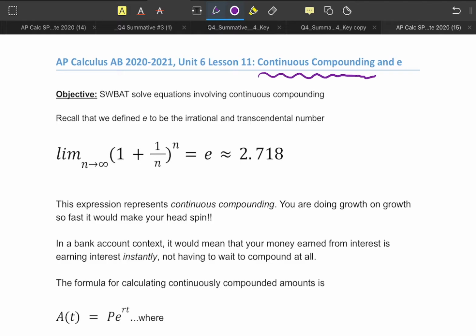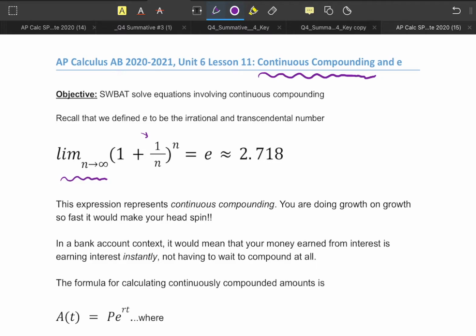And so the way we defined this problem was we introduced limit notation that says the limit as n approaches infinity, right? So as n goes million, billion, trillion, keeps going, as n heads towards infinity, this expression, 1 plus 1 over n, where we defined the growth rate to be 100% just as an example, to the power of n.